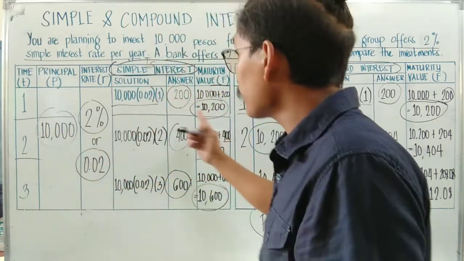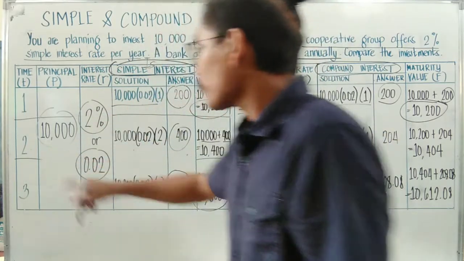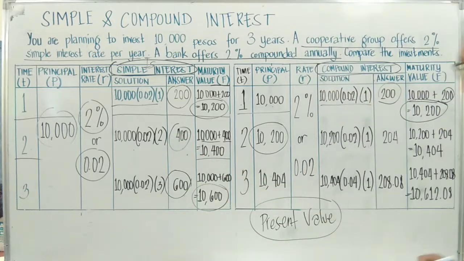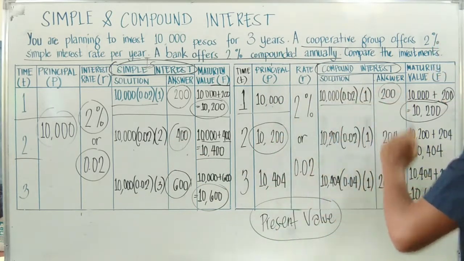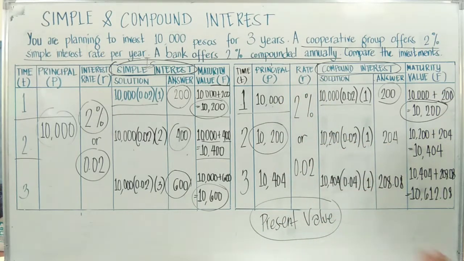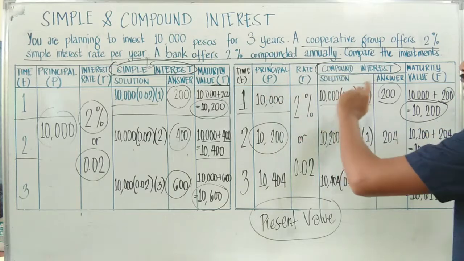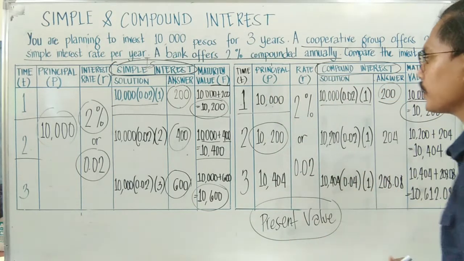That is why present value in simple interest is not applicable. So principal on the environment of compound interest is also known as present value. Again, principal P on the environment of compound interest is also known as the present value.